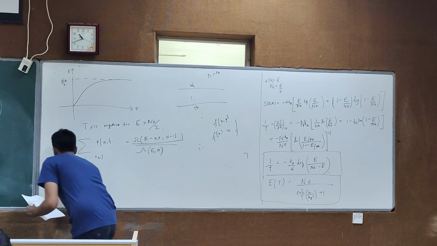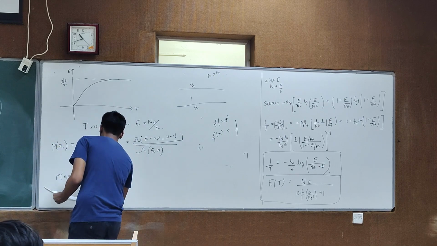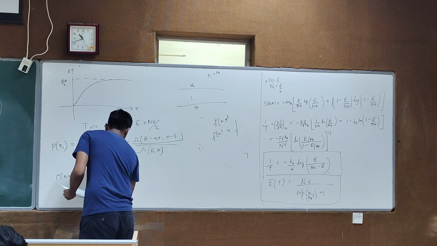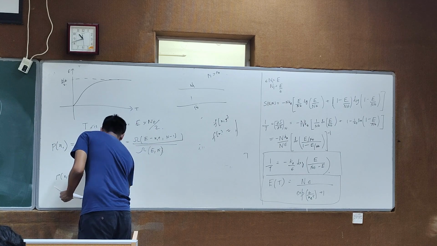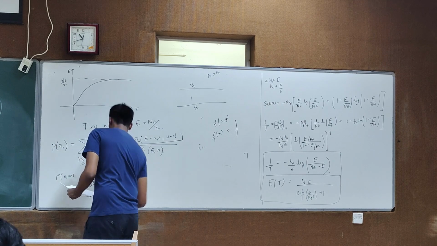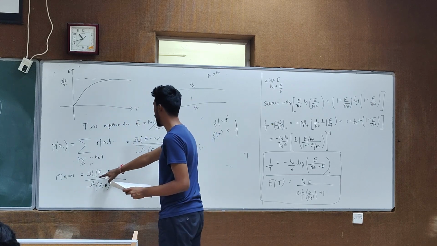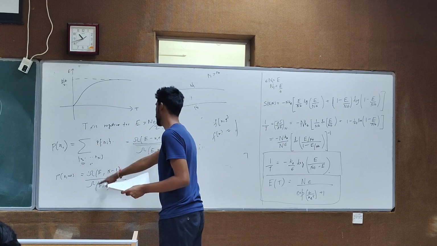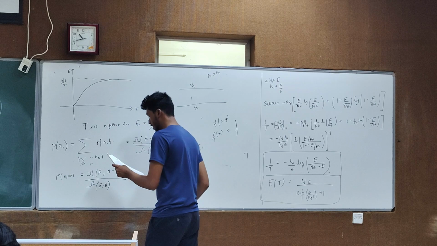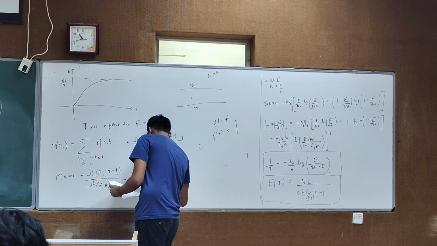And so P of n1 equal to 0 is basically, and we have evaluated Gamma of En, so we know Gamma of En minus 1, and that comes out to be 1 minus n1 by n.